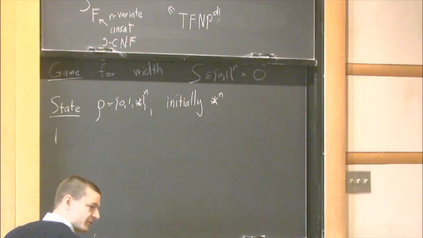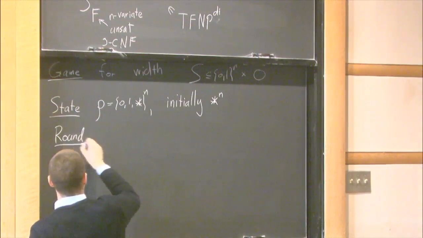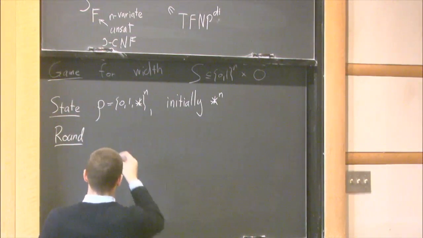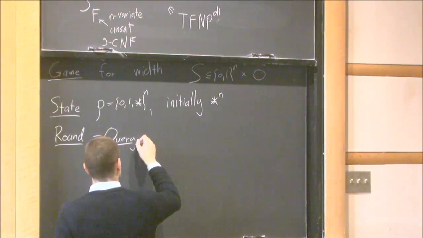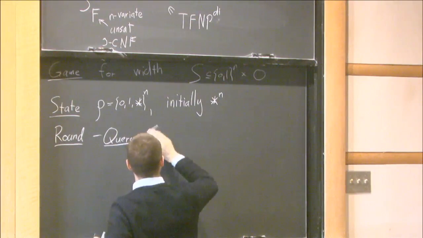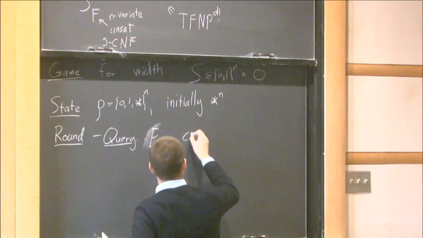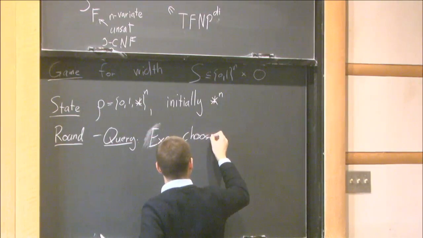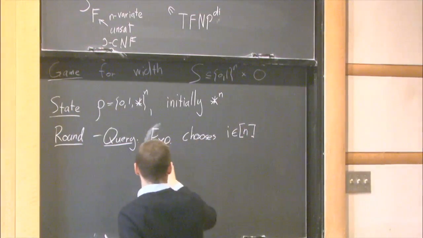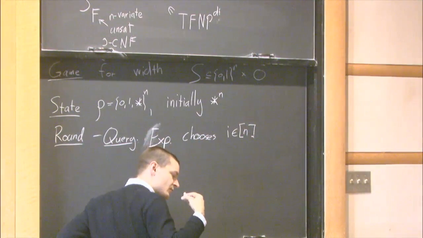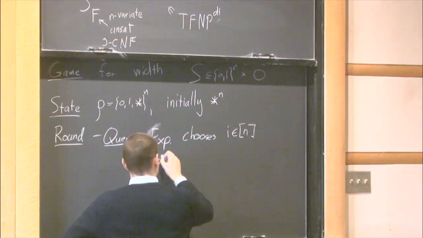In each round, the Explorer can do one of two things. It can query a variable. That just means that the Explorer chooses a coordinate i, and the adversary gets to decide what value is assigned to that variable.